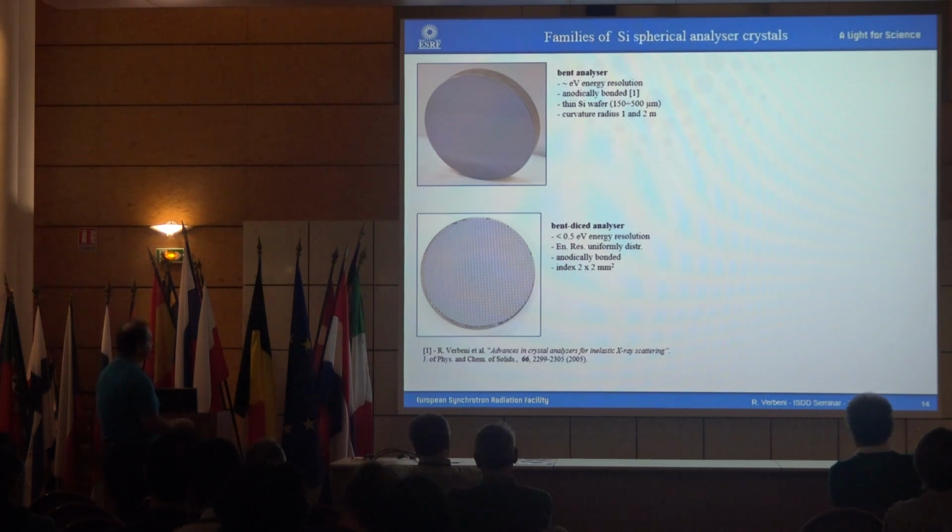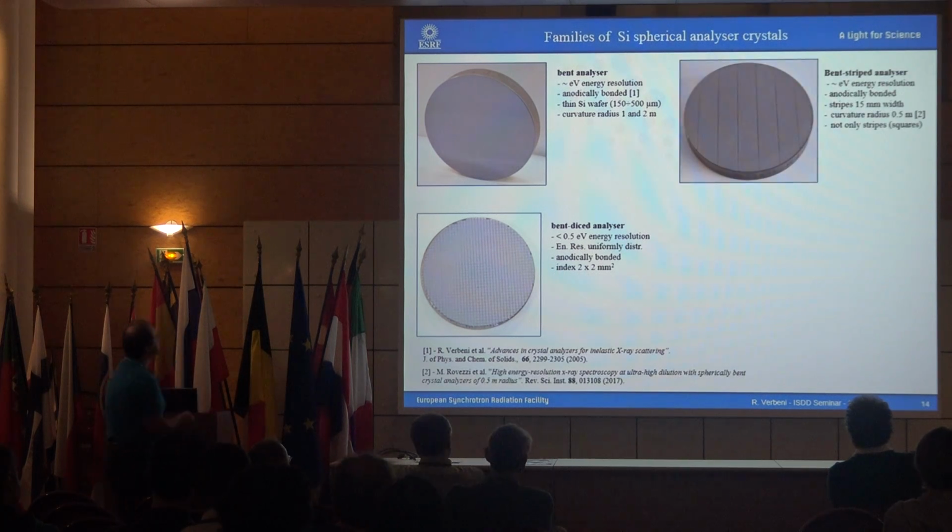Normally you have energy resolution lower than 0.5 eV, and the beauty of this bendized analyzer is that the energy resolution is uniformly distributed over all the surface. That means that if you put here 1 mask, or you leave the analyzer completely free, you have the same energy resolution. This is not the case for this bent analyzer here, where you have the best energy resolution in the middle, and the energy resolution decreases as soon as you open the mask.